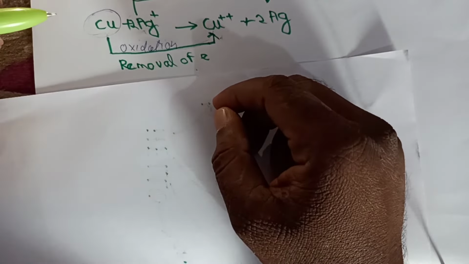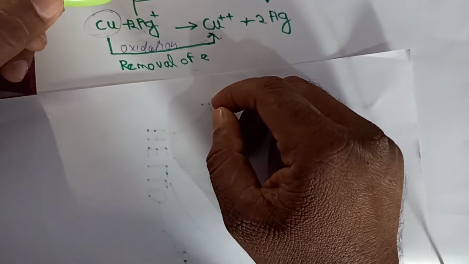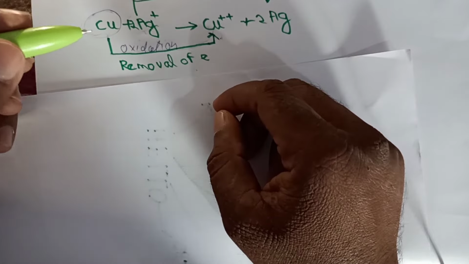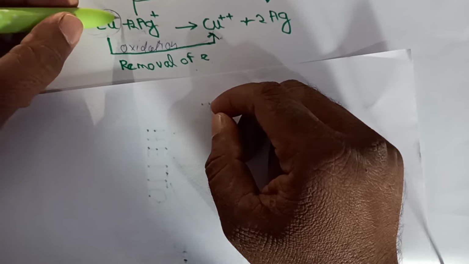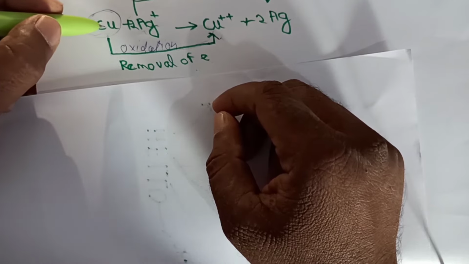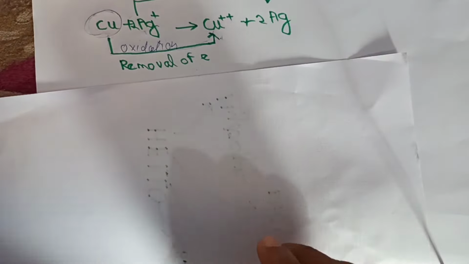This reduction is done by this Cu. So Cu is the reducing agent.